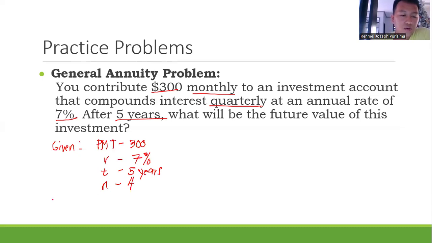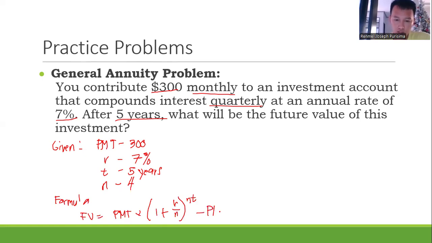So the formula to be used would be FV is equal to PMT times 1 plus r over n raised to nt, minus PMT. For the solution, let's substitute the values.